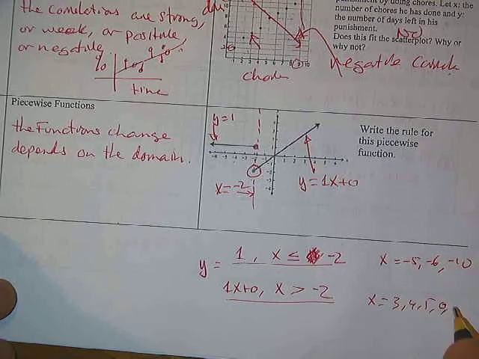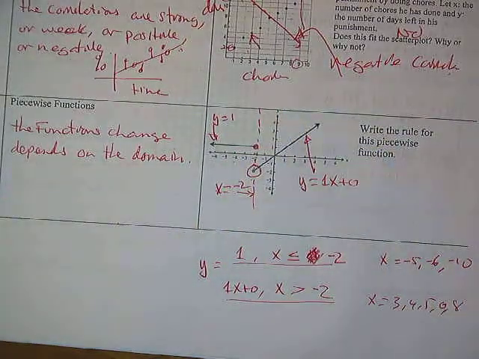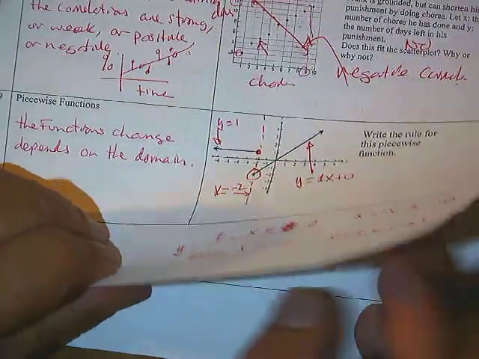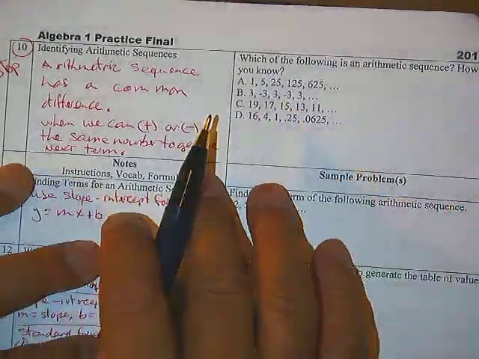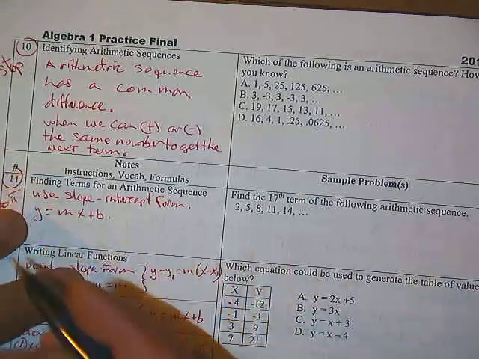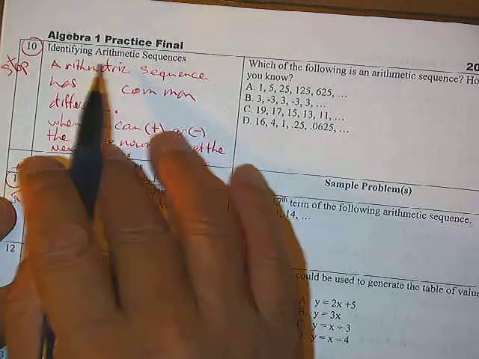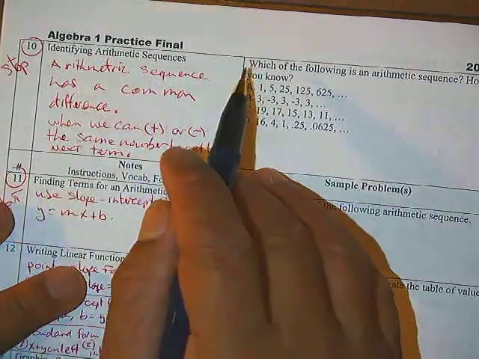And then when x is greater than -2, it becomes this rule. So that's the top rule, then there is a bottom rule. So this would be like when x is like -5, -6, -10. And this one would be like when x is like 3, 4, 5, 6, 8. So the rules change, and then the domain changes.